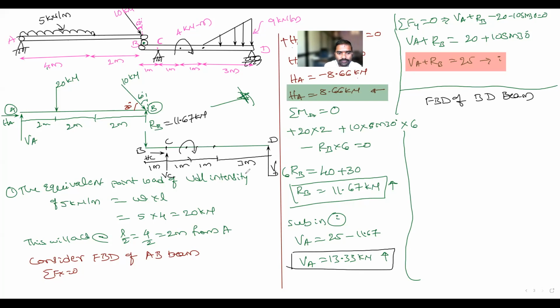So the remaining are HC and VC. Next, VD you have to find out. The moment is 4 kilonewton per meter.